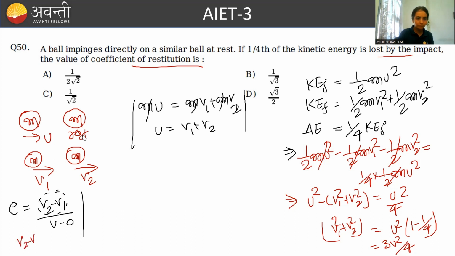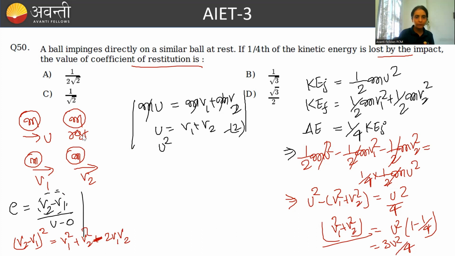So somehow if we get the value of v2 minus v1, we can calculate e. See, (v2 minus v1) whole square can be written as v1 square plus v2 square minus 2v1 v2. So we have the value of v1 square plus v2 square. If we get the value of 2v1 v2, we can calculate (v2 minus v1) whole square and hence v2 minus v1. Now let's see. Let's square equation number 2.